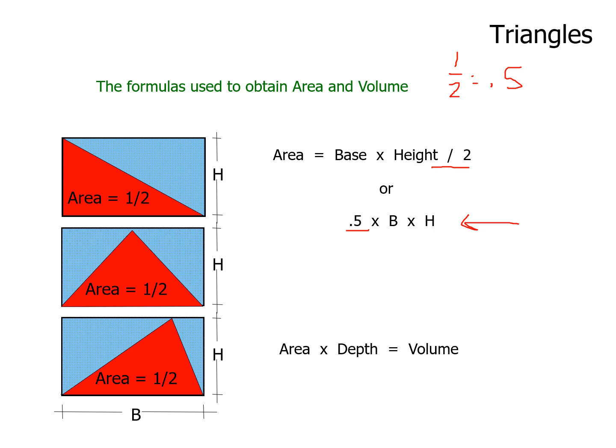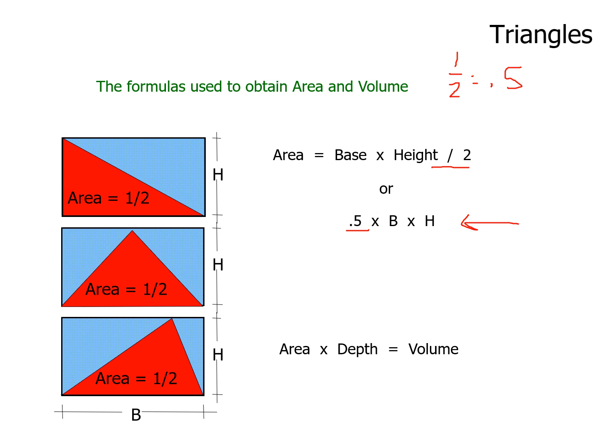I drew in 3 blue rectangular shapes. The red triangle that I drew inside of each one of those is simply half of the total area, no matter which way you look at it. So it's half the base times its height.